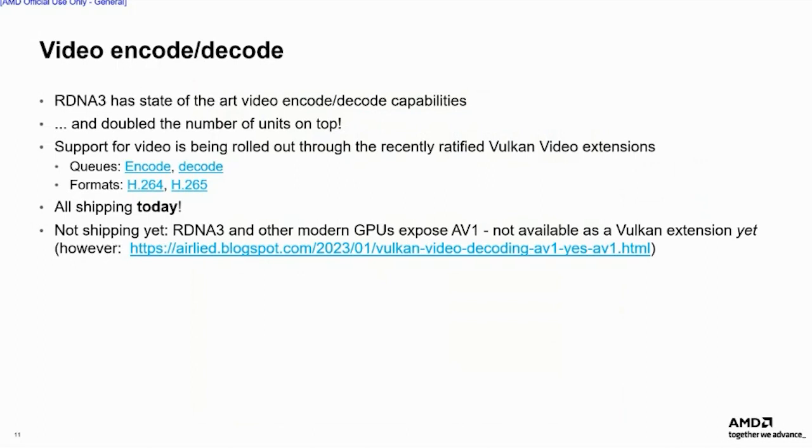So you have separate extensions, as Tony was previously explaining, for encode, decode, and the individual formats. And all of this is shipping today on the GPUs. So if you want to do video, everything you need is available in Vulkan and on modern GPUs. You can use all of it.